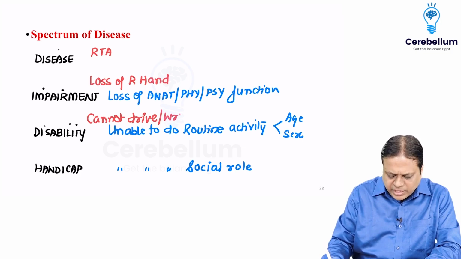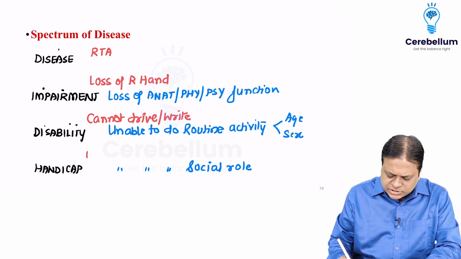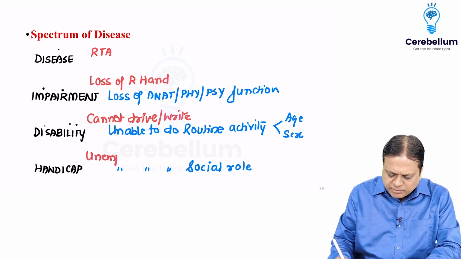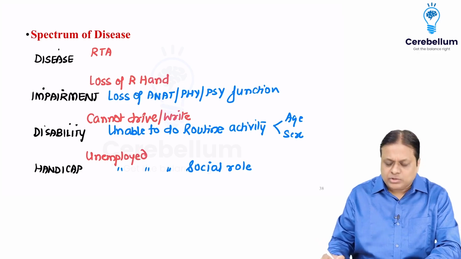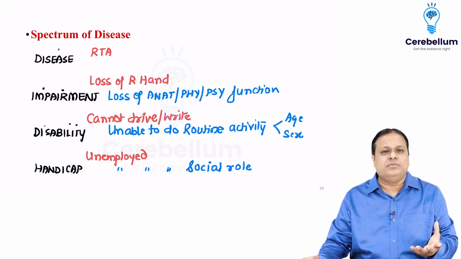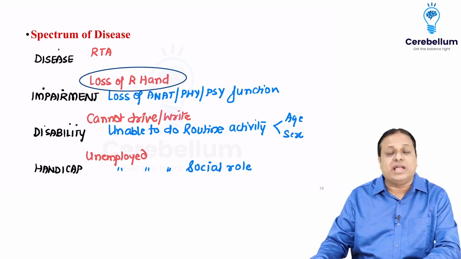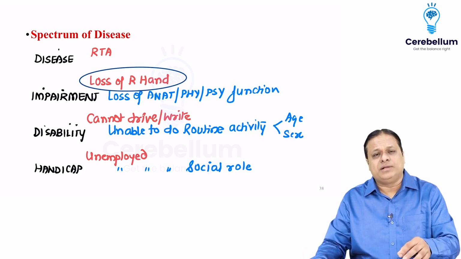He cannot write properly if he was a right hander. And because of this, he is thrown out of his job, he is unemployed. So, cannot drive, cannot write will be disability and unemployment because of this will be a handicap. So, question asked in our paper, loss of right hand in a truck accident is a type of, yes, impairment.